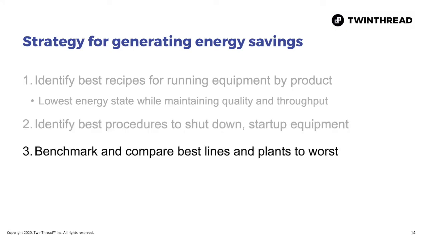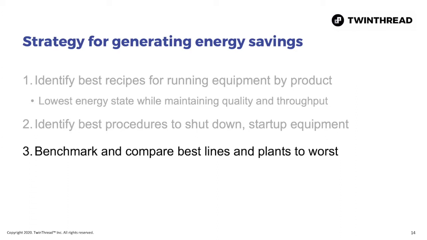The third and probably the most obvious strategy where energy savings come from is simply benchmarking and comparing the best performing lines and products against the worst performing lines and products, and not just seeing that there's a difference between plant A and plant B, or line A and line B. It's actually having the depth of the analytics to understand why that is.